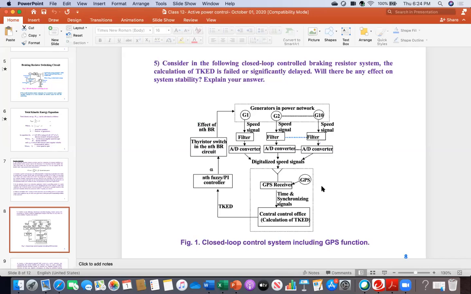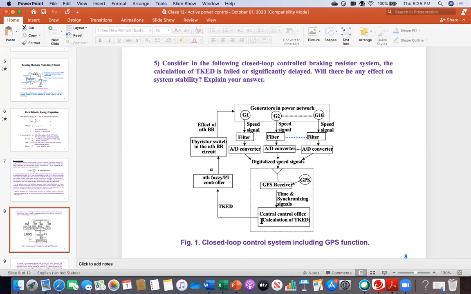The GPS that you use in a car, the same thing is true for the power grid. So with only 1 or 2 microsecond delay, it can provide you the time and phase synchronized signal. So that's why this arrangement is used just to collect the speed signal.